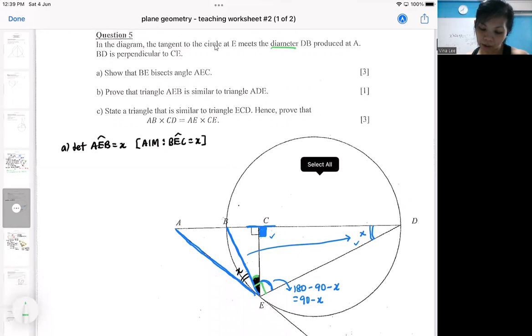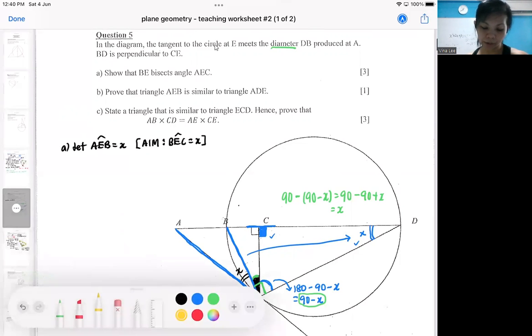If I use the 90-degree from the angle in the semicircle, and I subtract the angle sum that I've gotten, I will have gotten my X. So after you scribble around, you achieve your aim already. Your job is to backtrack the steps.